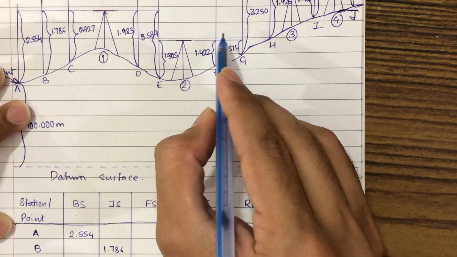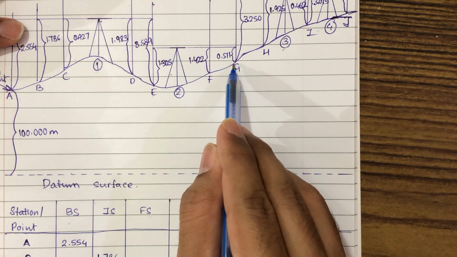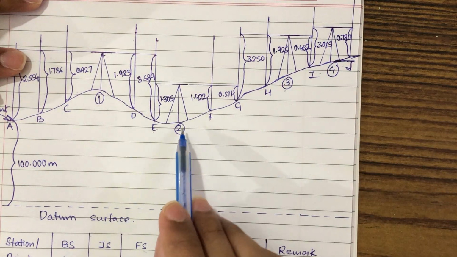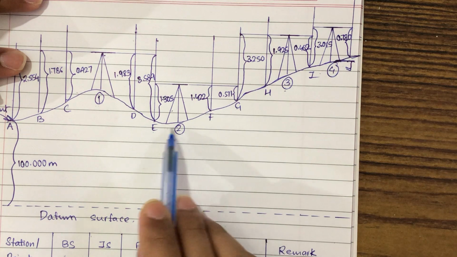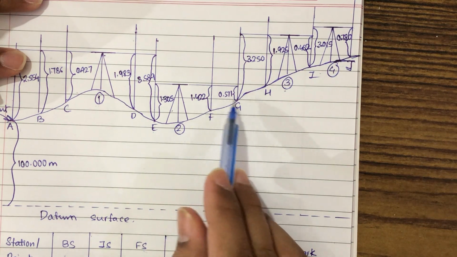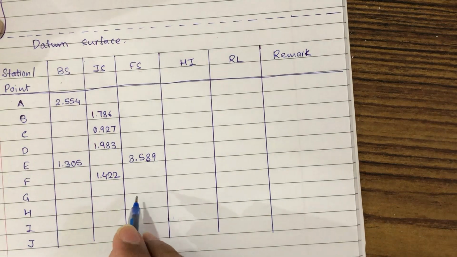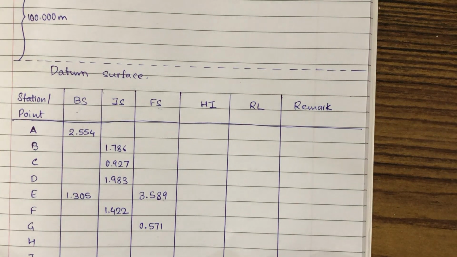After that, this is the 8th reading, and after the 8th reading, the instrument changed its position. So from point 2 it went to point 3. So this was the last reading at point 2, and the last reading at point 2 will come under the foresight column. So this 0.571 will come under the foresight column.